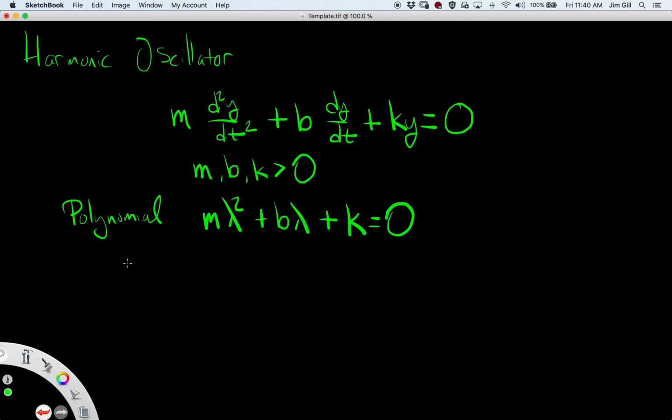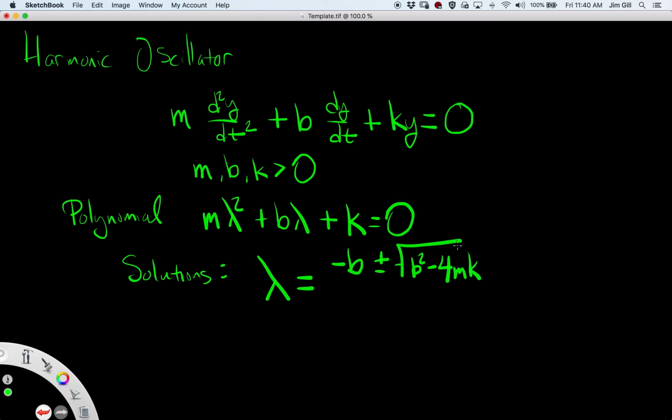And so the solutions of lambda are going to be equal to, via the quadratic formula, negative b plus or minus the square root of b squared minus 4mk divided by 2m.